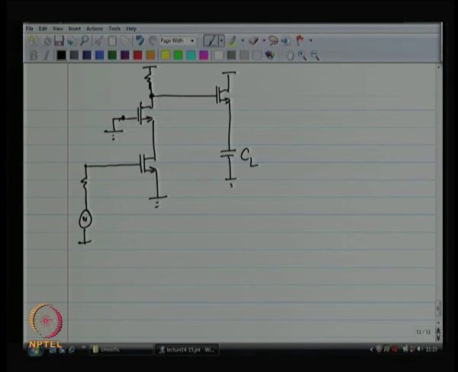What is this? You are basically now seeing a low impedance looking in over there. You are looking into the source of a MOSFET that will show a low resistance, and as a result you are going to get a much lower gain from the first device. Then much lower gain means, what does much lower gain mean?